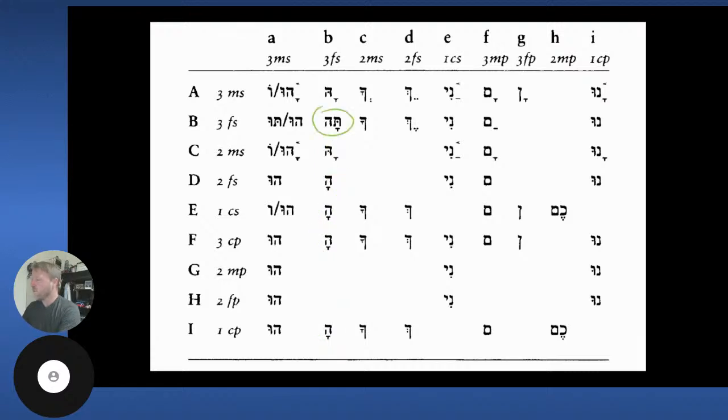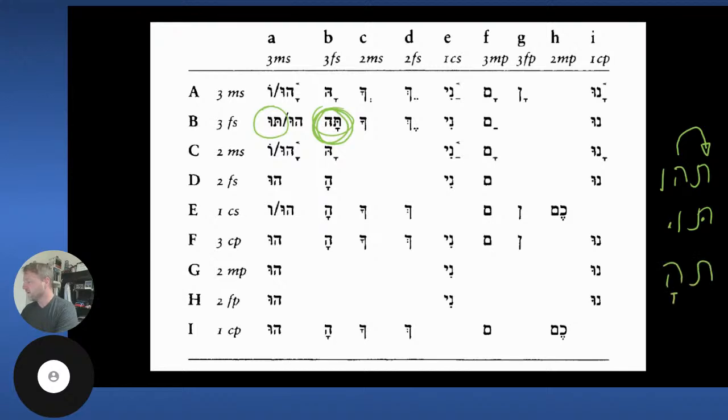That's this one. Why? Because just as I said here, we've got tu, which represents tehu, with the hey assimilated to tu. So here we have the hey assimilated. It's actually teha. And the hey assimilates in order to not lose that ah sound.